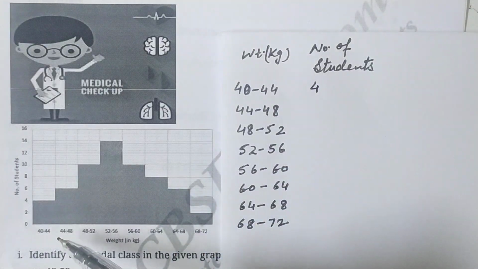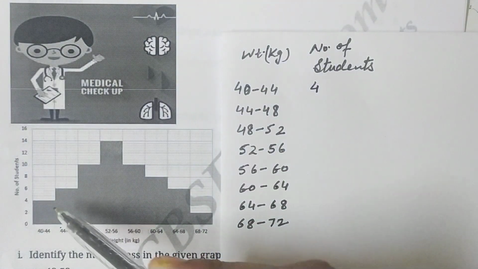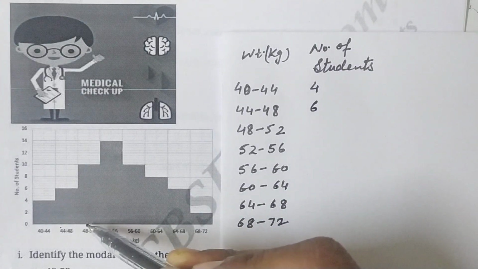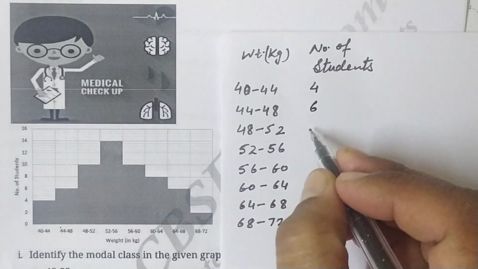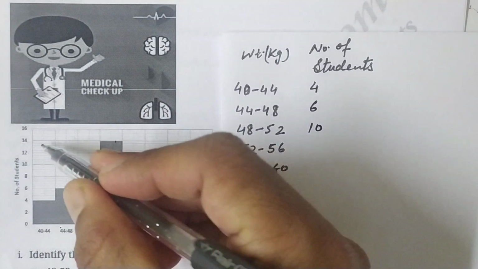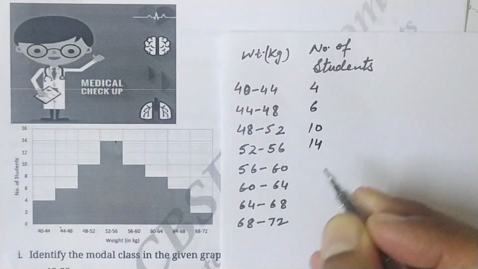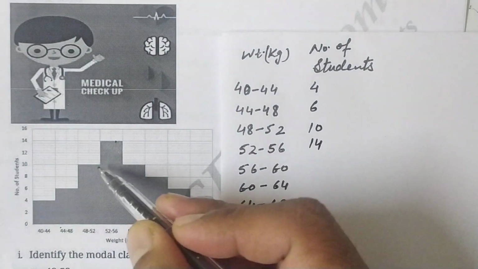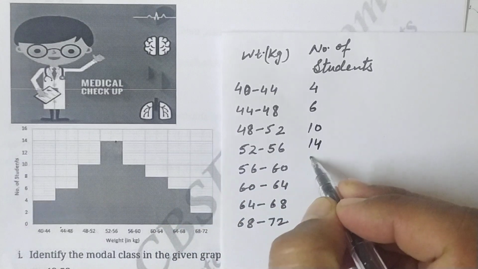And then 44 to 48 kilogram weight, there are 6 students. And then 48 to 52, there are 10 students. And then 52 to 56, there are 14 students. And then 56 to 60, there are again 10 students.